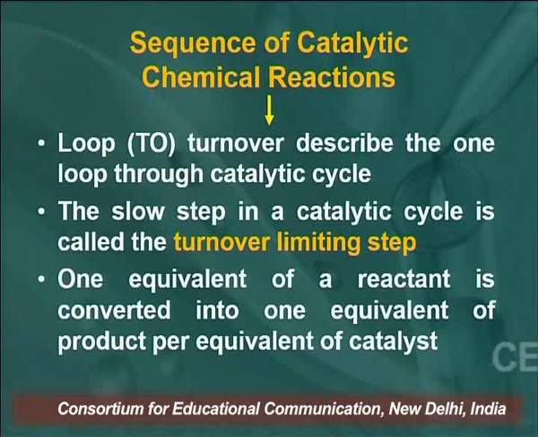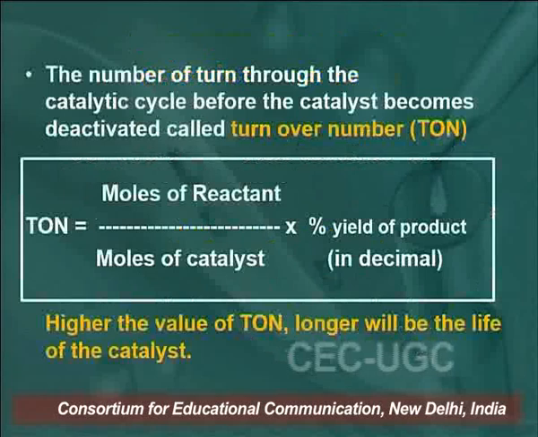The slow step in a catalytic cycle is called the turnover limiting step, and one equivalent of a reactant is converted into one equivalent of product per equivalent of catalyst.